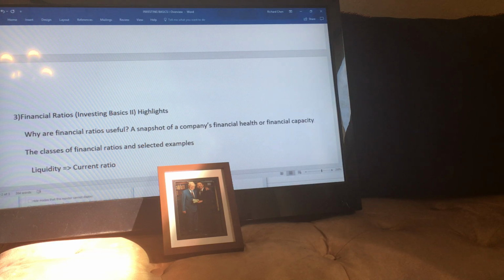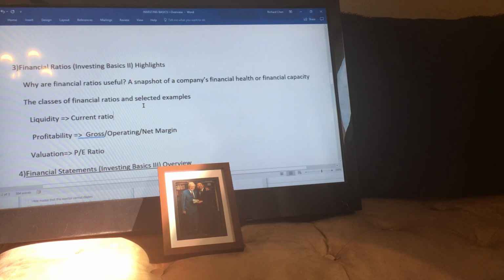It's kind of like going to the doctor and doing blood pressure tests, glucose tests, that kind of thing. It provides a snapshot of your overall physical health, and that's what it does for a company. And it's given as a numerical number, so it's an objective assessment.